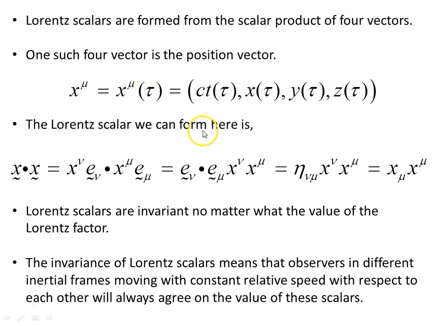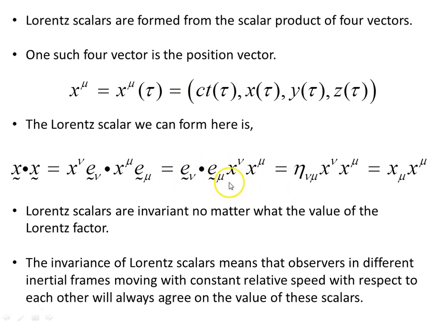Now the Lorentz scalar that can be formed here is x dot x, a scalar product of the position vector with itself, written out as components times the basis vectors. When we do that, we factorise out the basis vector part and the component part.